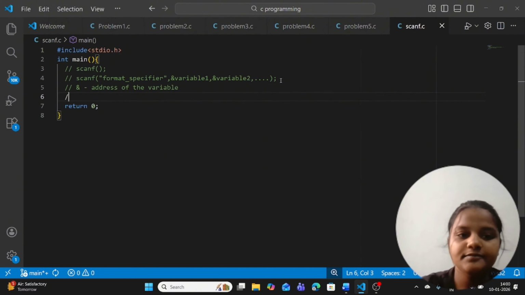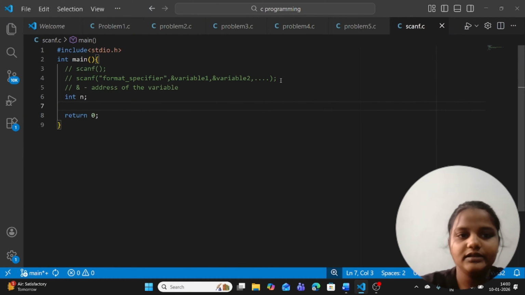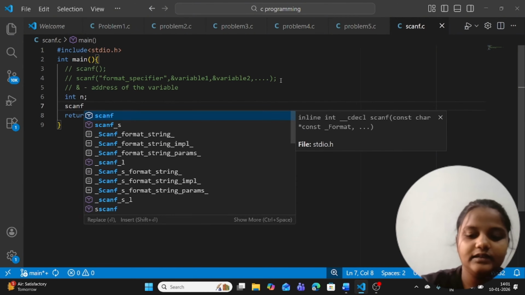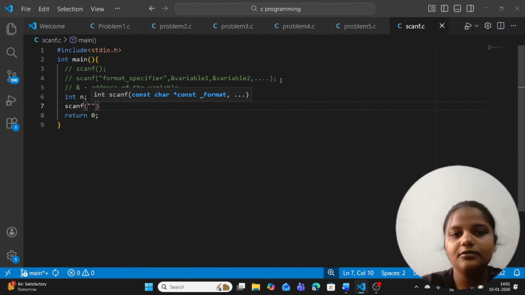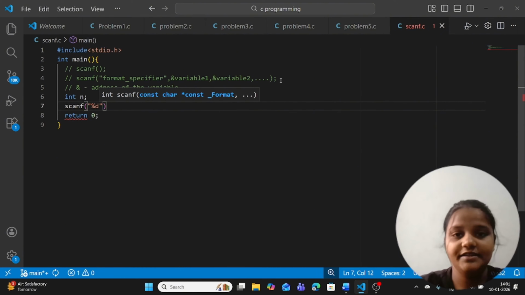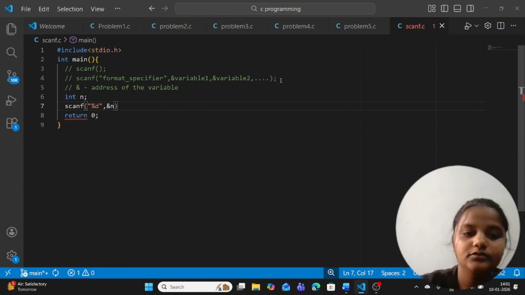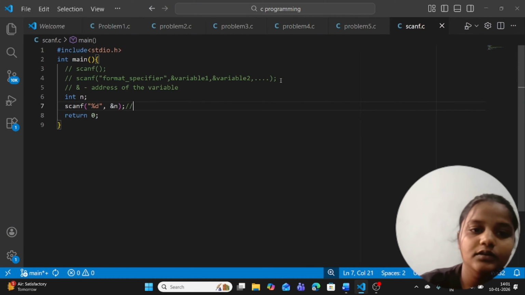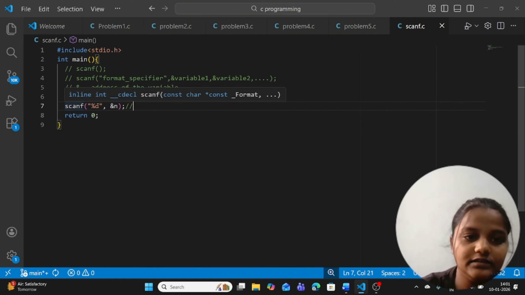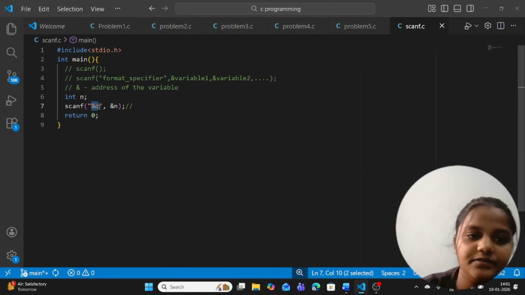So if we are giving, just consider, one int n and we are using scanf. For int, what is our format specifier? We already learned, for int it is %d. So %d, comma, ampersand n. Here it is specifying that the input is an integer.